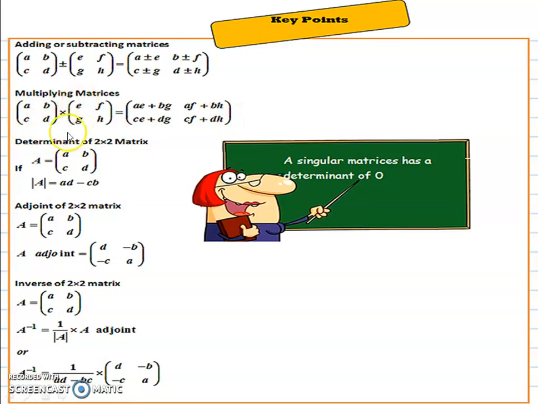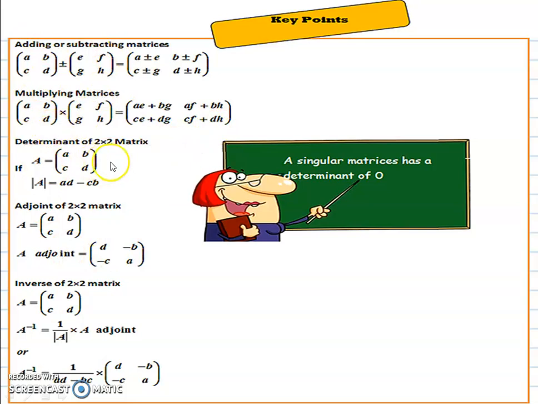Now second row, first column: C into E plus D into G. Now second row, second column: C into F plus D into H. So we completed the second row also, that is CE plus DG, CF plus DH.